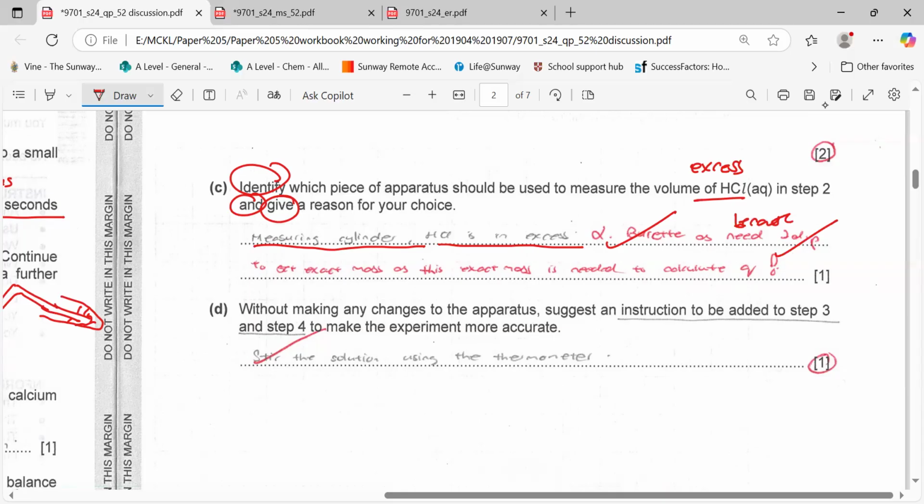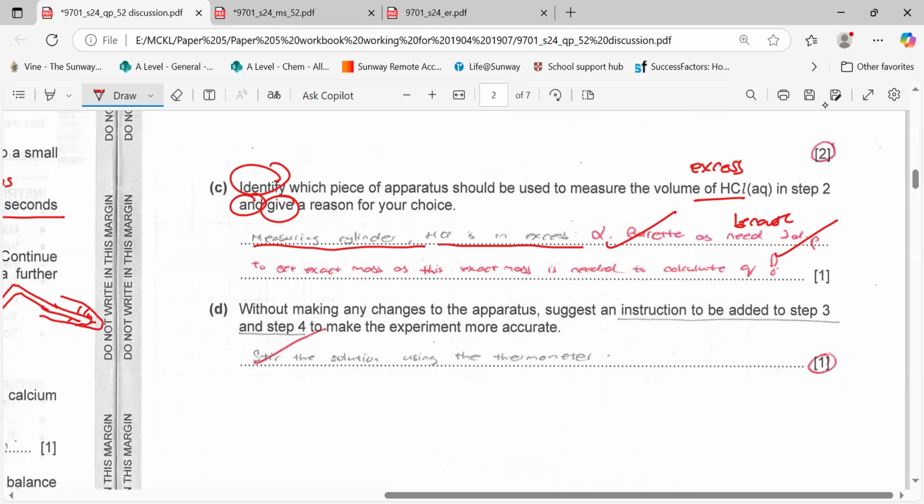Okay, now I would like to explain why a burette is needed over here. I know that if you've done a lot of past year papers, usually for excess solution, right, we can use a measuring cylinder. Even in Paper 3 also, we will use a measuring cylinder for any volume that is in excess. But why did this particular paper need 2 decimal places, which is a burette final answer?